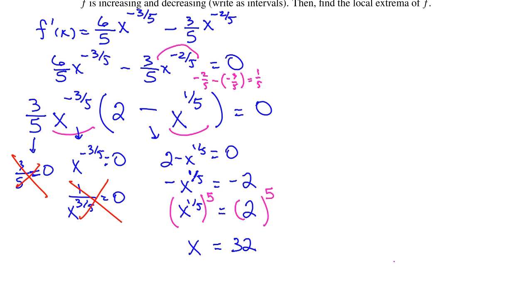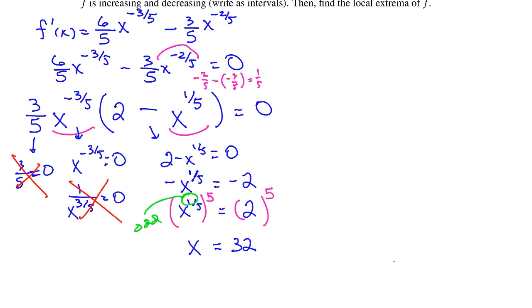Now, it's not plus or minus because the power part of this exponent was odd. If this had been even, then you would have had to use plus or minus. But since it's an odd power, you only get the one answer, which is positive because it came from a positive 2. Now, so that's one critical value.